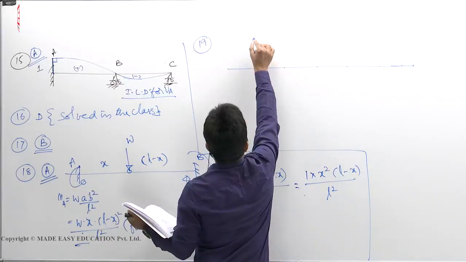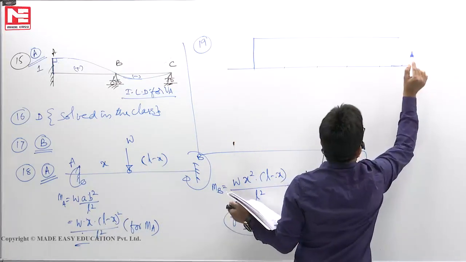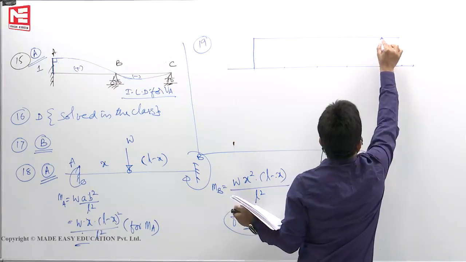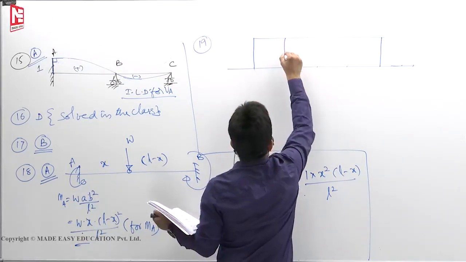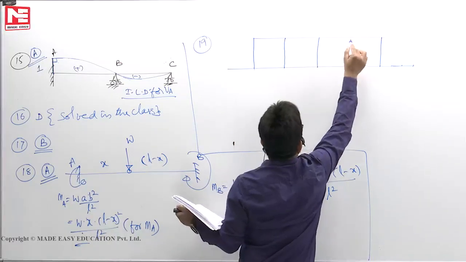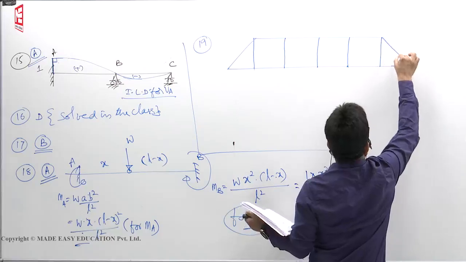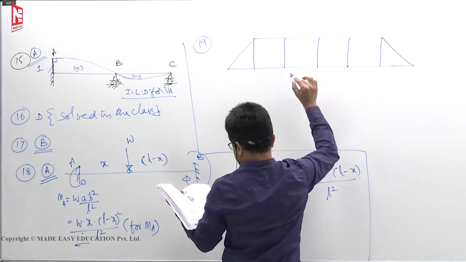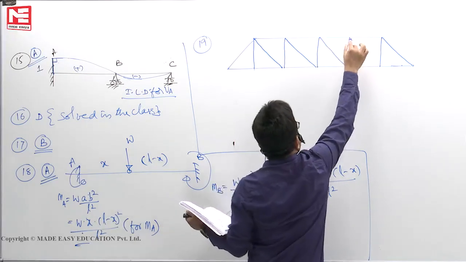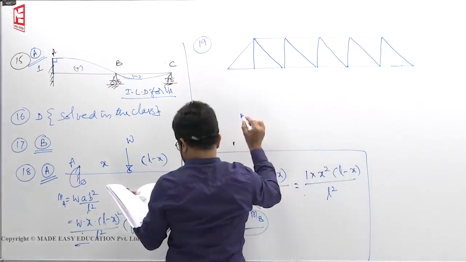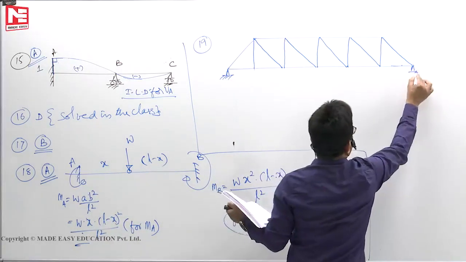This is 3 meters. This is the problem. All are connected like this. This is a hinge support. This is a roller support.